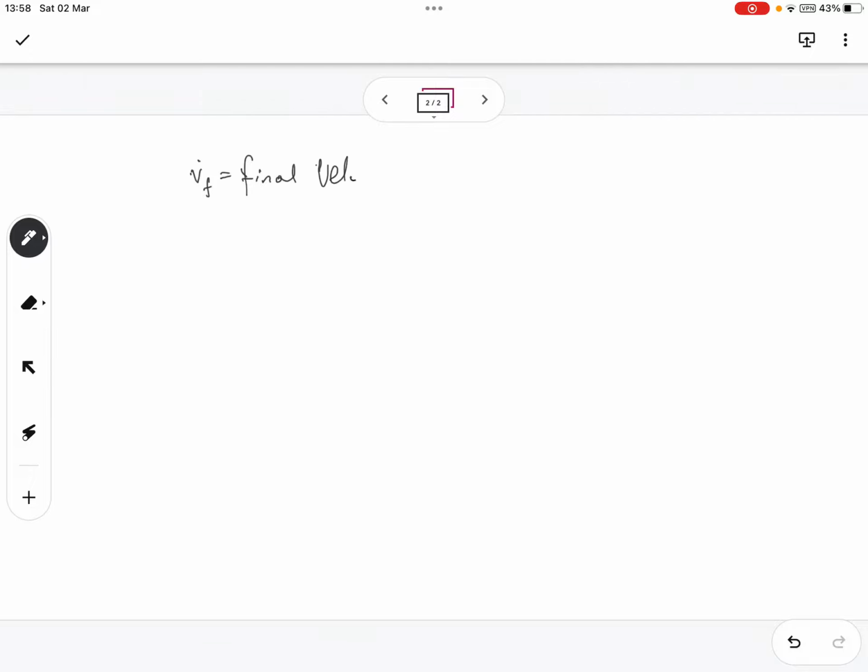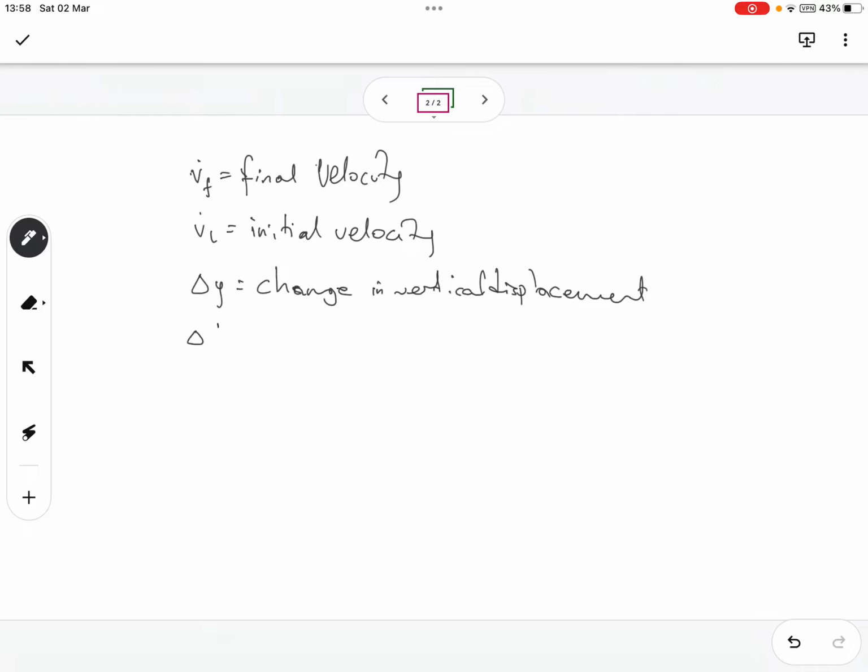So just to explain the terms, Vf is v final, Vi is initial velocity, change in vertical displacement is delta y, delta t is change in time, and we have the acceleration due to gravity vector. And that's always a value of 9.8 meters per second squared.